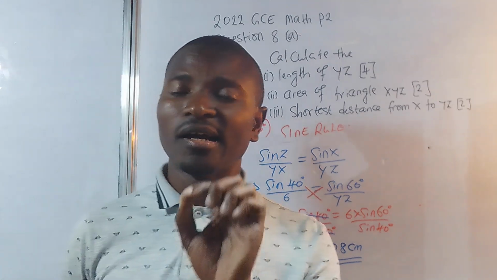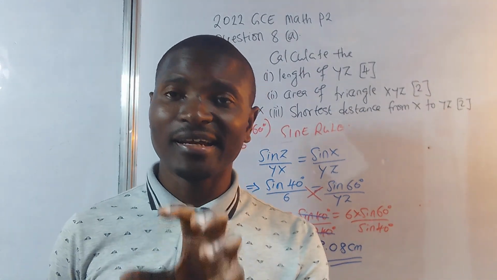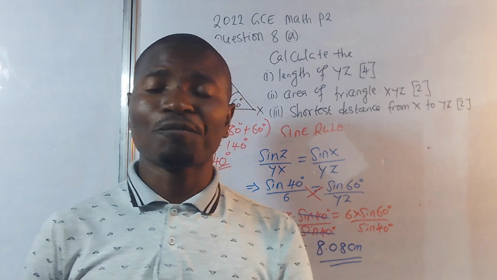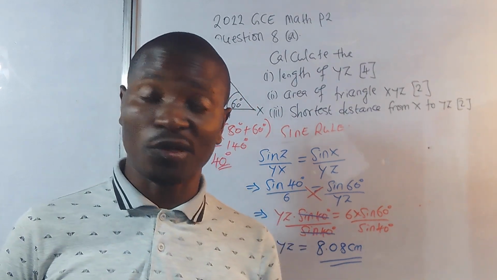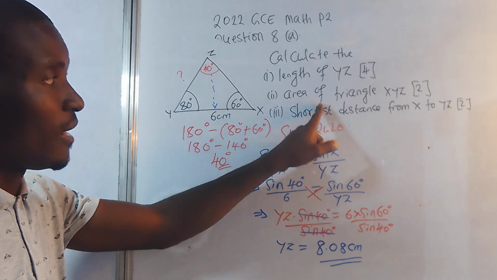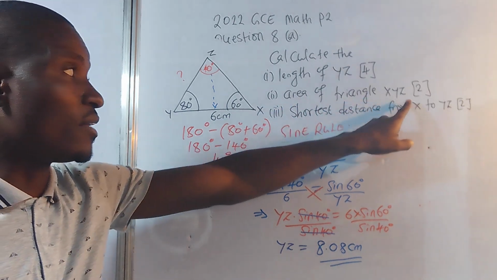So make sure that you also go through this question and ensure that you are getting the same answer. So let's now move on to the second question. The second question is about the area of this triangle XYZ.